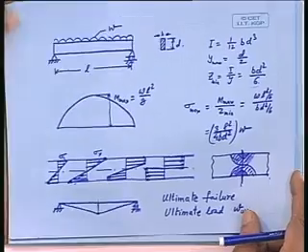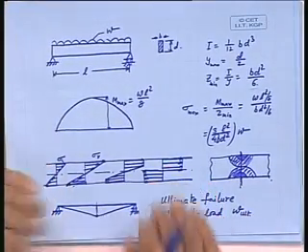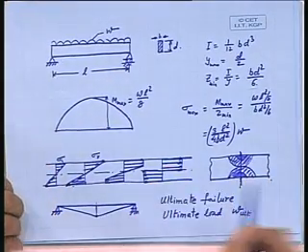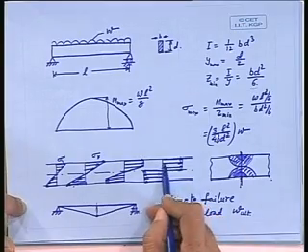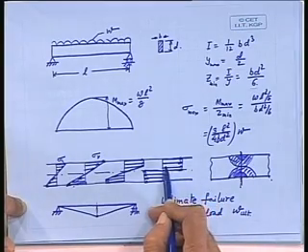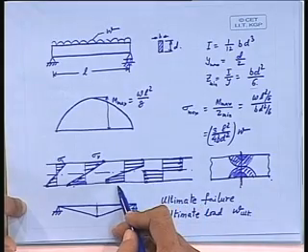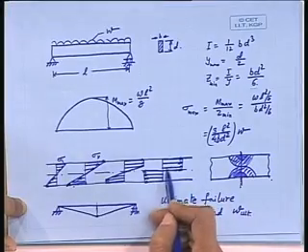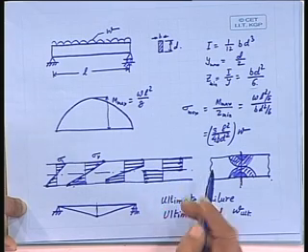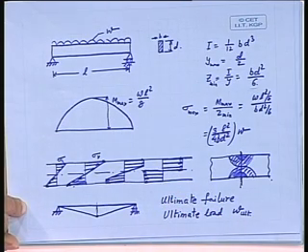Now, for the section to be in balance, what we can notice here is that the total tensile force is equal to the total compressive force. And in this particular case, because the entire stress is of the same value, it will simply divide the section into two equal areas.